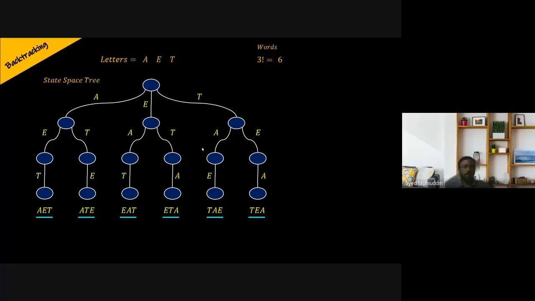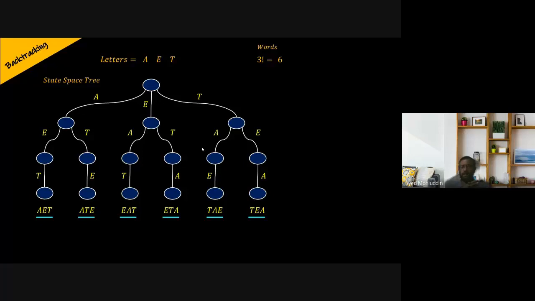Now, each node in this tree is known as a problem state. The root node is the initial problem state, and edges are labeled. Usually in a tree we don't label edges; we have some label in the nodes themselves. But here we don't have labels in the nodes, because that is the problem we are trying to solve.